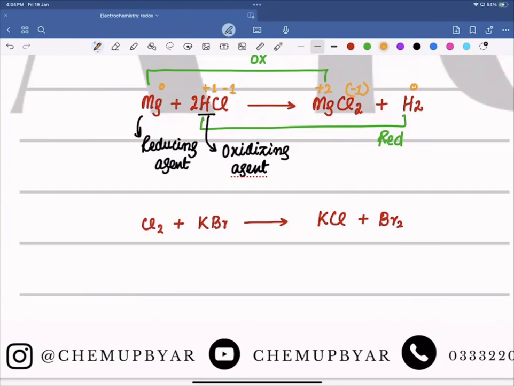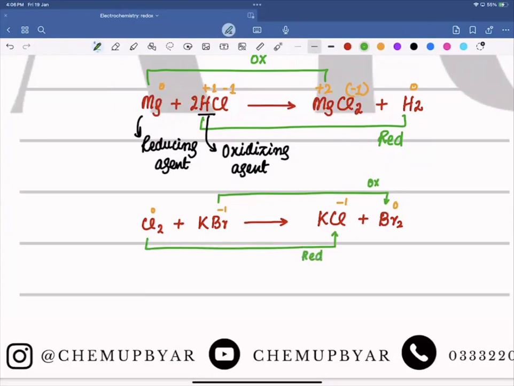Okay, good. So if we put the oxidation numbers, chlorine and bromine over here are 0, and chloride is -1, and bromide is -1 over here, and chloride is -1 over here. So -1 to 0 is oxidation, and 0 to -1 is reduction.